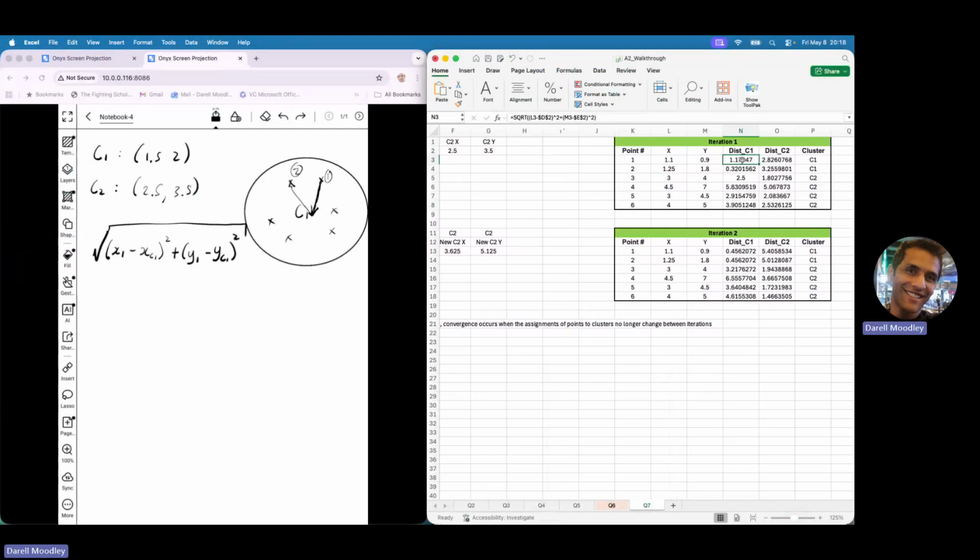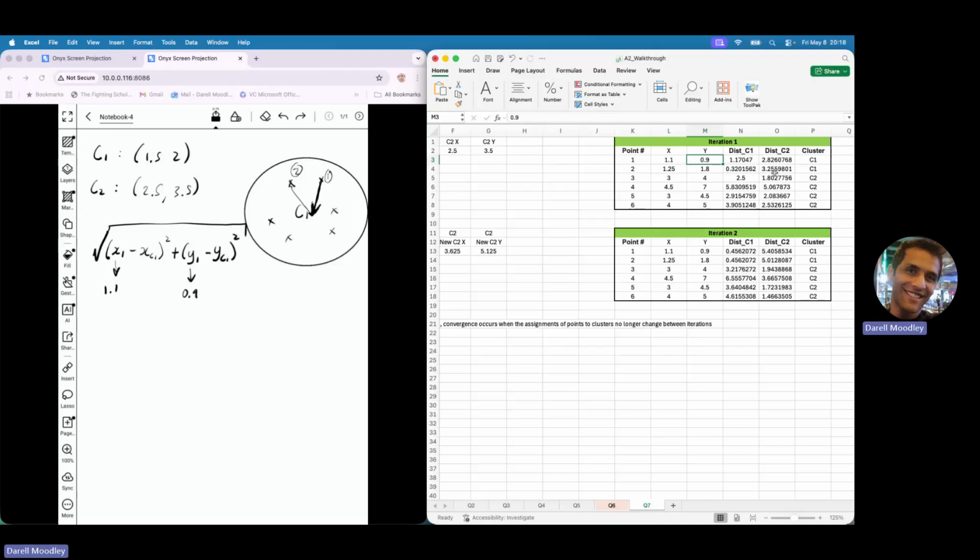All right, so basically this arrow that I'm darkening, I'm going to use this formula to work it out. My x1 is the x coordinate for my first point, which is 1.1. And my y1 value is its corresponding 0.9 value.